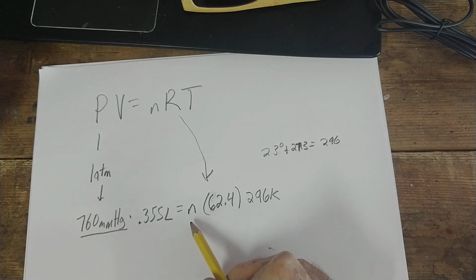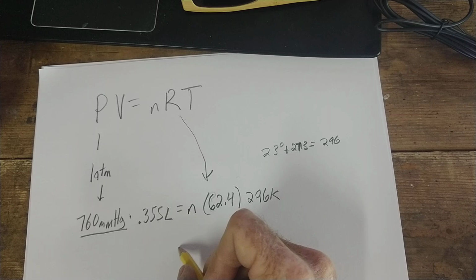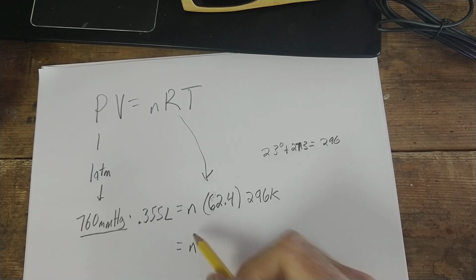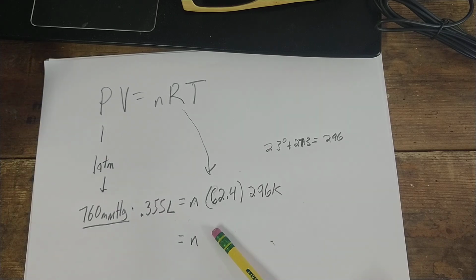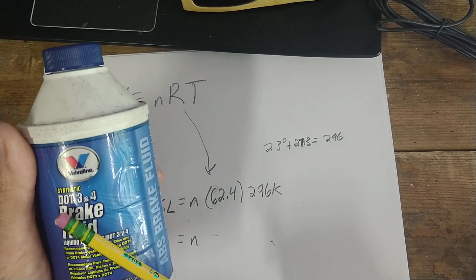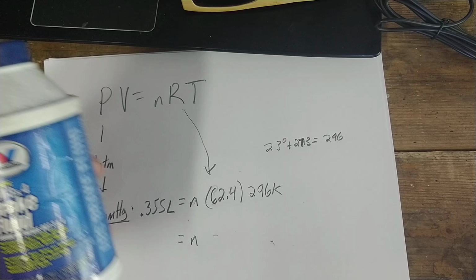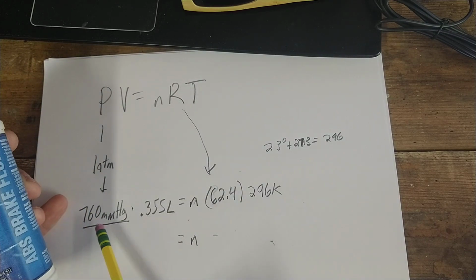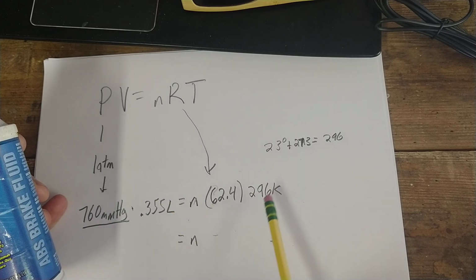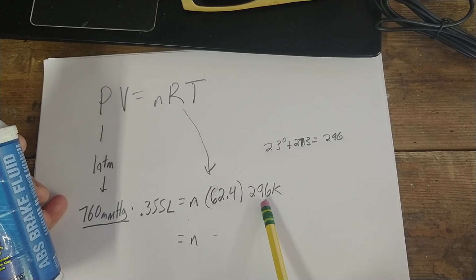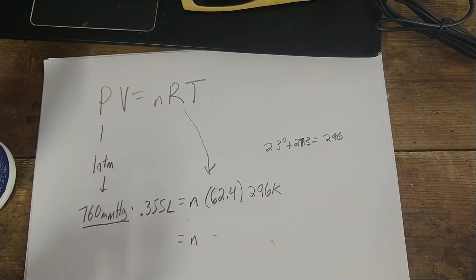Now we need to solve for the letter N, the number of moles, and I am going to ask you to do that. How many moles of air are in this 355 milliliter container at 760 millimeters of mercury and 296 degrees Kelvin?